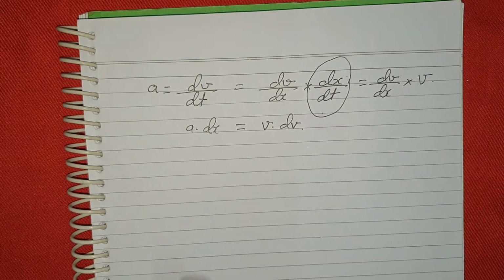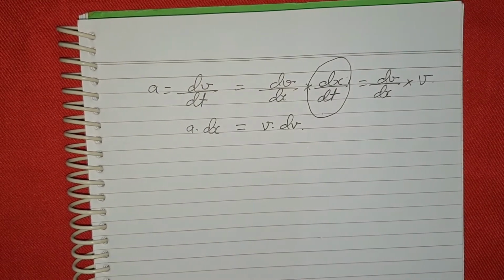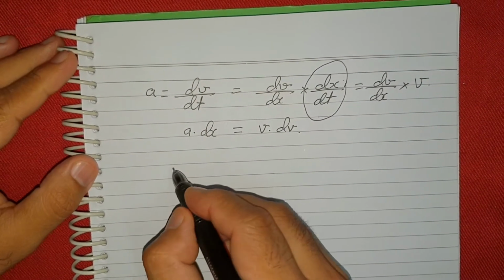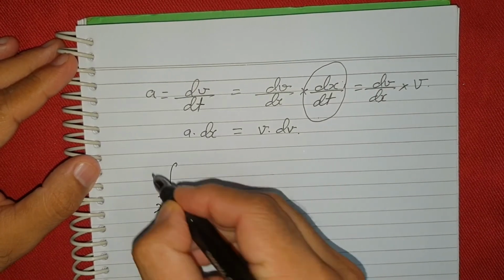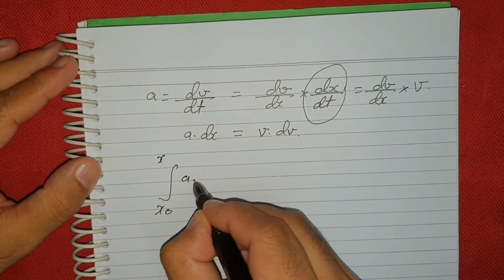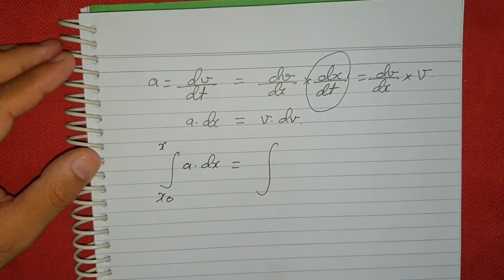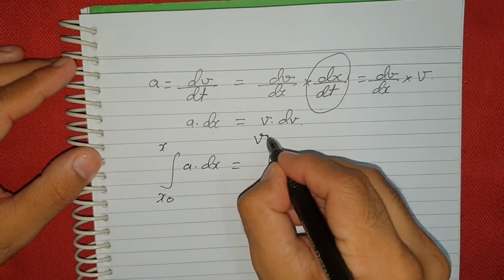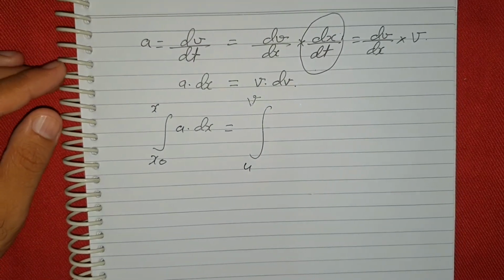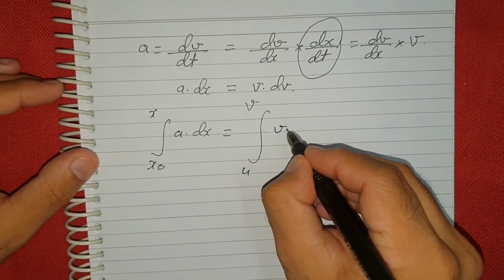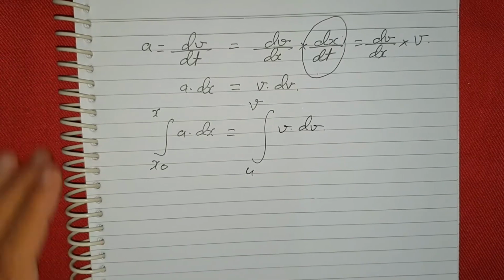Now integrating this expression within the conditions of motion. Integrating x naught to x, a dot dx equals integrating u to v, v dot dv.